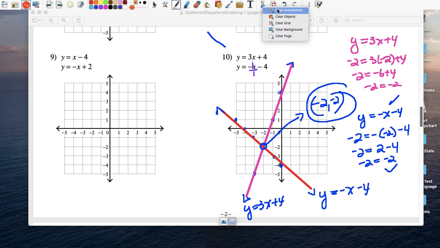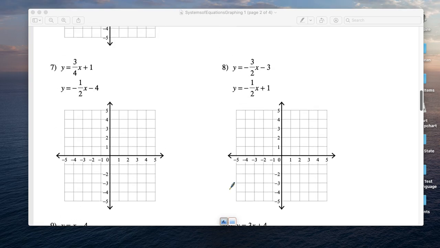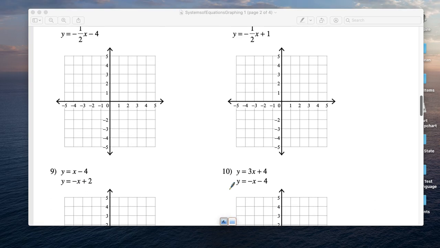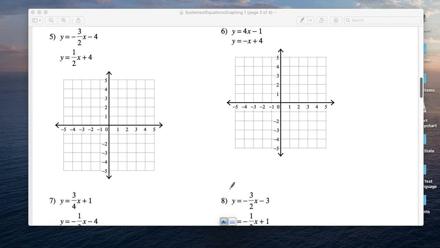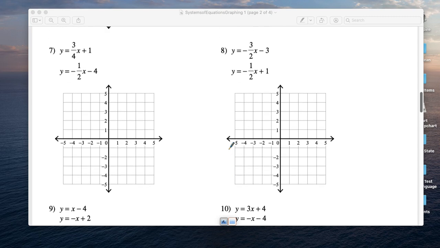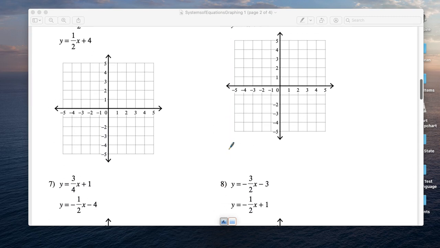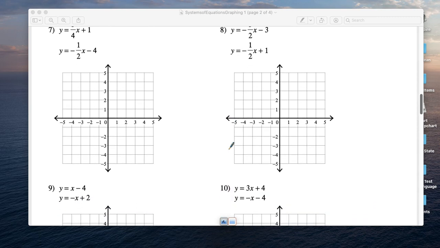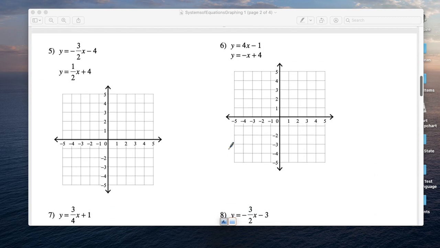I'm going to do 9, because I think I also asked you to do 9, or was it 8? Was it 6? What did I just do? 7, 10? Oh, yeah. Let's do 5. Okay.